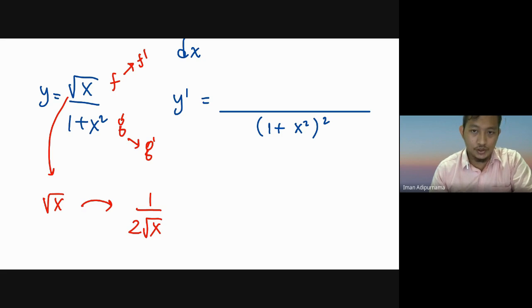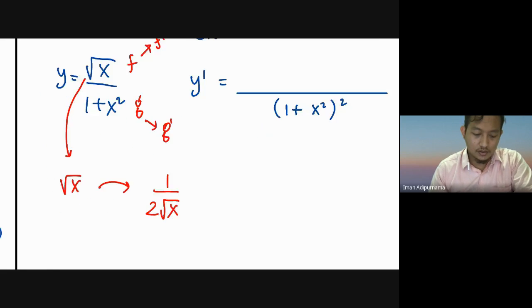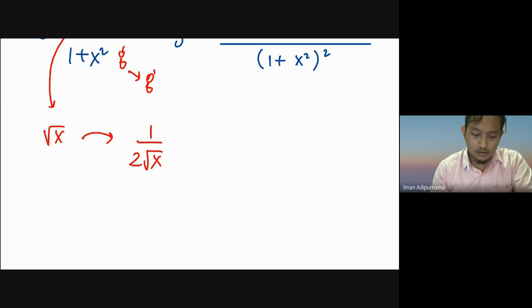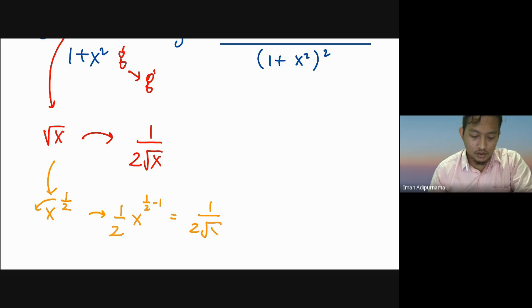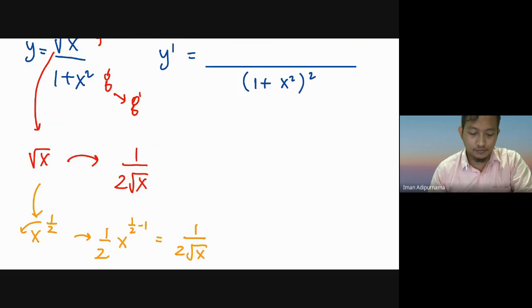But if you're not sure how to find this, we can start with x to the power of half, and then use the power rule, half going here, and then this is half minus one, which is minus half, so it goes down and makes this.